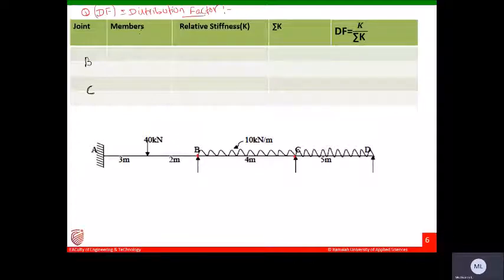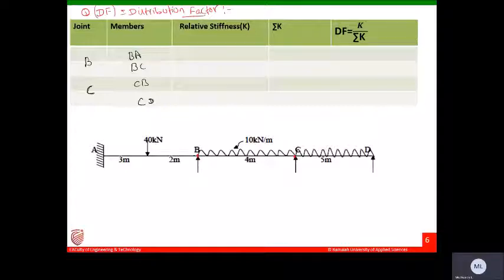For B, the members are BA and BC. Similarly, for intermediate support C, the correct members are CB and CD. This is a very easy way to write down the distribution factors.